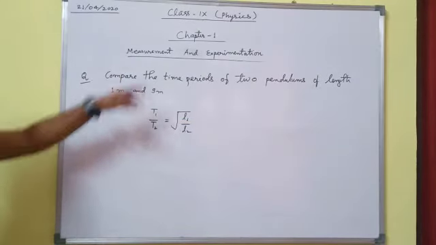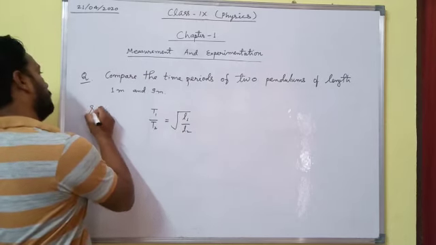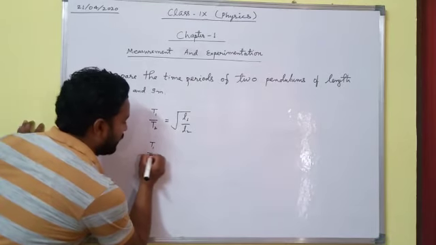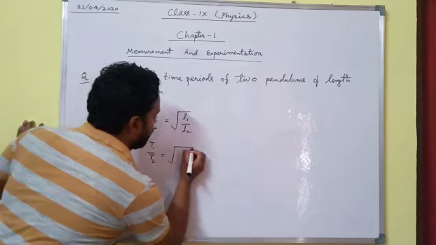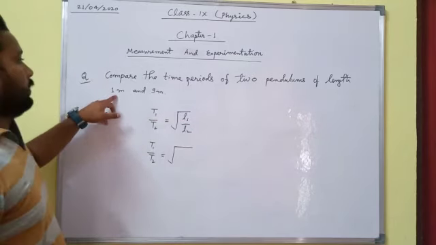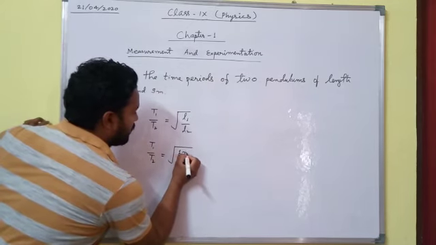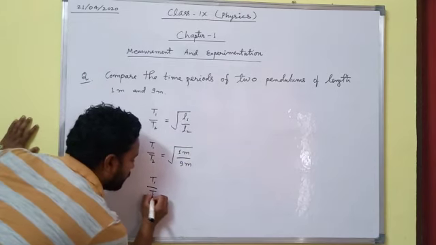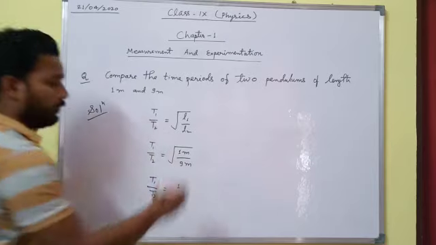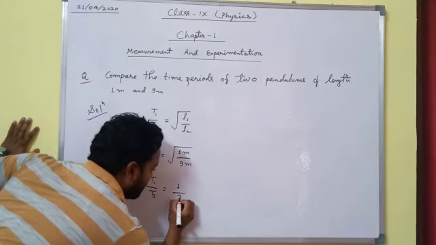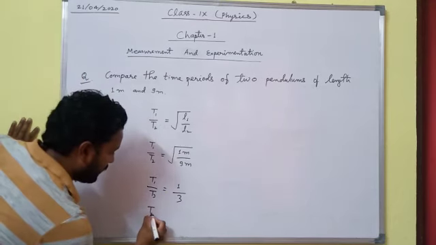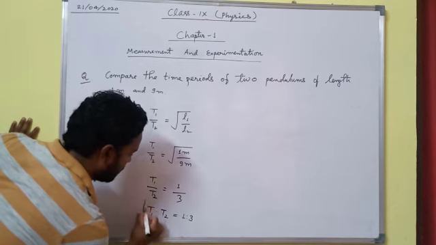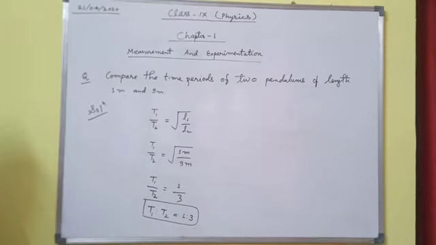By using this formula we can calculate the time period ratio. The value of L1 is 1 meter and the value of L2 is 9 meter. So T1 upon T2 equals square root of 1 upon square root of 9, which is 3. So T1 ratio T2 equals 1 ratio 3. This will be the correct answer.